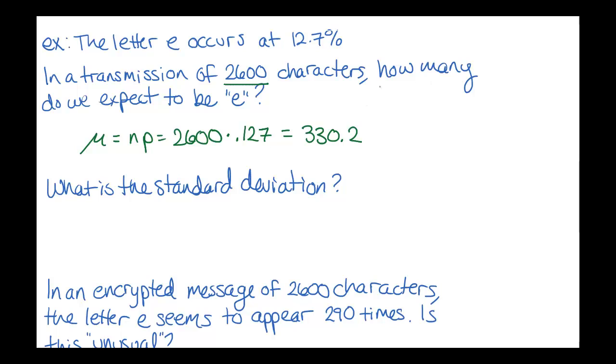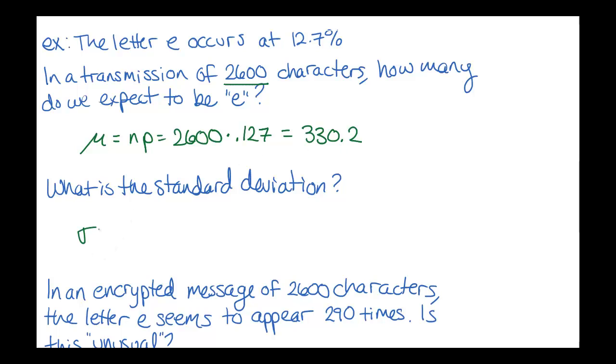Now if we were going to guess a number of E's, we might round this to 330, but that would be the average number coming up in 2,600 characters. If we got 331, that would not be unusual, that would not be surprising. This is just the average.